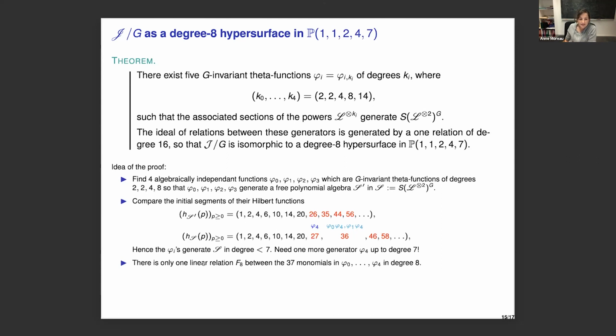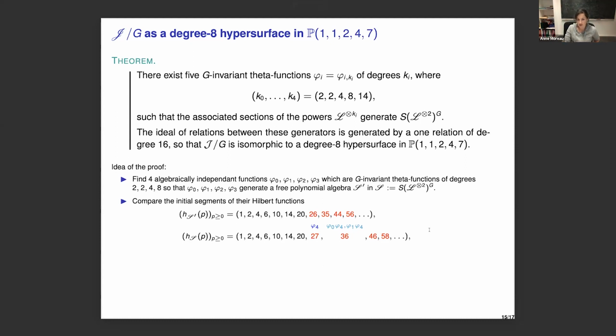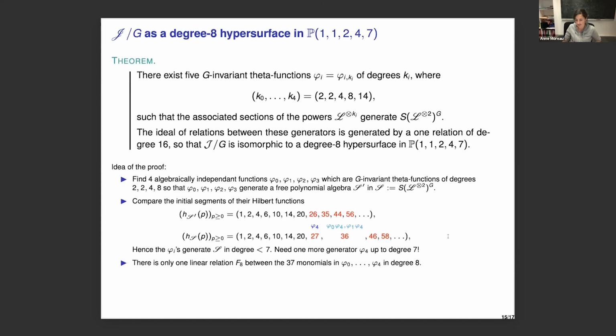And now we observe that there are only 37 monomials in these phi's. In fact, more precisely, 35 involve only phi 0 up to phi 3. And there are 2: phi 0, 4 that I wrote above, 36, and phi 1, 4 in degree 8. But you see that the difference between here and here, between 35 and 36, is only 1. So this means that there is only one linear relation F between the monomials phi 0 and phi 4 in degree 8.